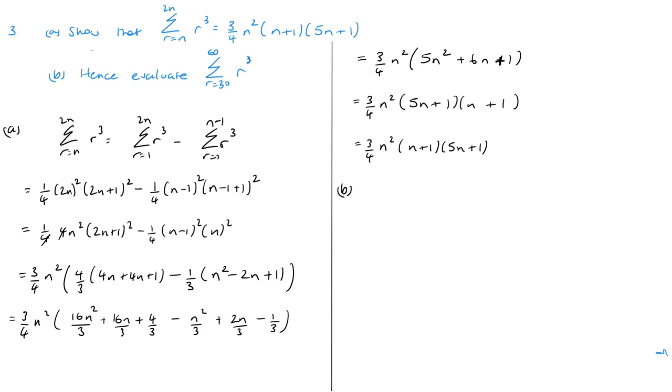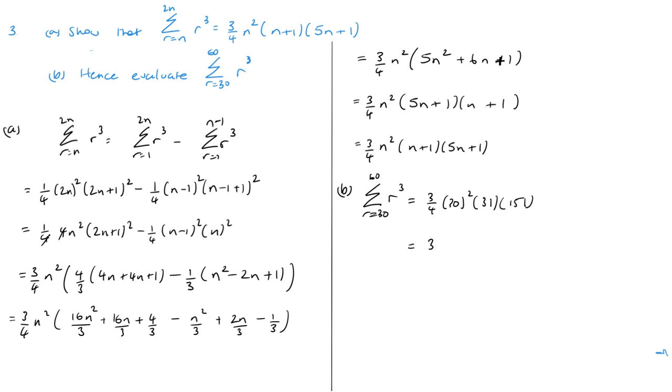I'll carry on here. So r equals 30 to 60 of r cubed. So n is actually 30, isn't it? Okay, because it's n and 2n. 30 and 2 30s are 60. So I'm substituting 30 into this. So 3/4 times 30 squared times 31 times, now 5 times 30 is 150, so it's 151.